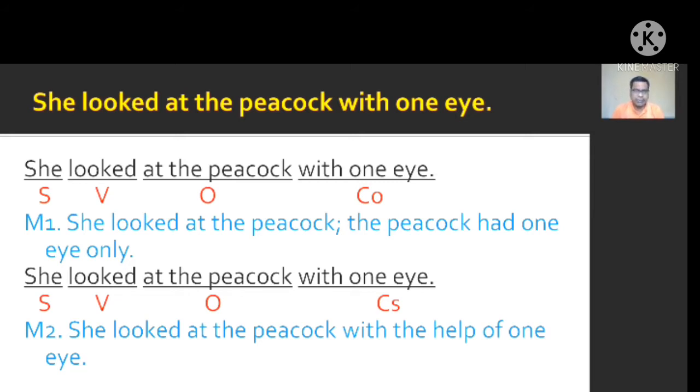She looked at the peacock with one eye. She, third person, singular number, functioning as subject of the sentence. Looked, V2, functioning as verb of the sentence. At the peacock, this is the prepositional phrase functioning as object of the sentence. With one eye, this is the prepositional phrase functioning as complement to object.